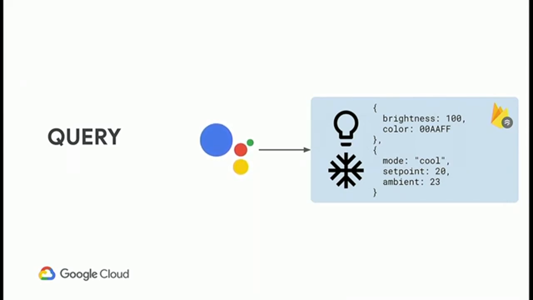So your response is going to provide back the actual values for all of the device traits and attributes that you declared this device was able to report inside of the sync. This includes whether or not the device is online or offline, if you're tracking that kind of status. The query intent is typically triggered when the user navigates to a particular device from the Google Home app, or maybe through voice when they say something like, "What is the temperature in here?"